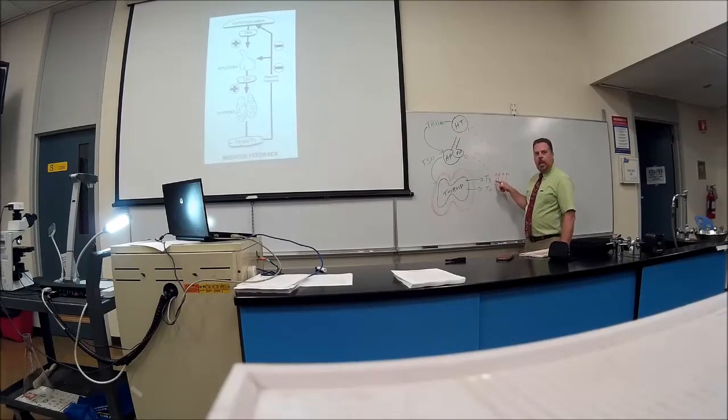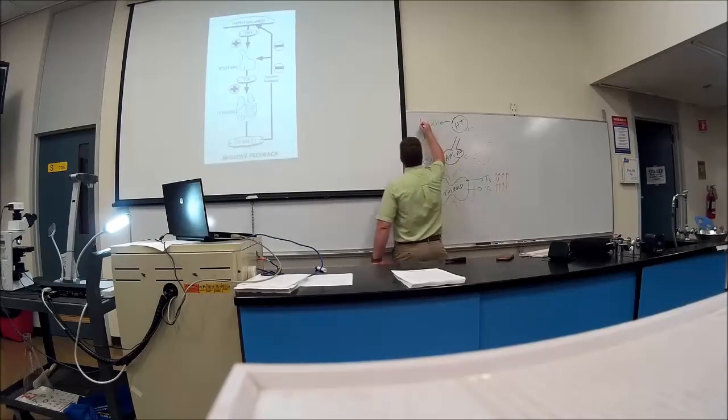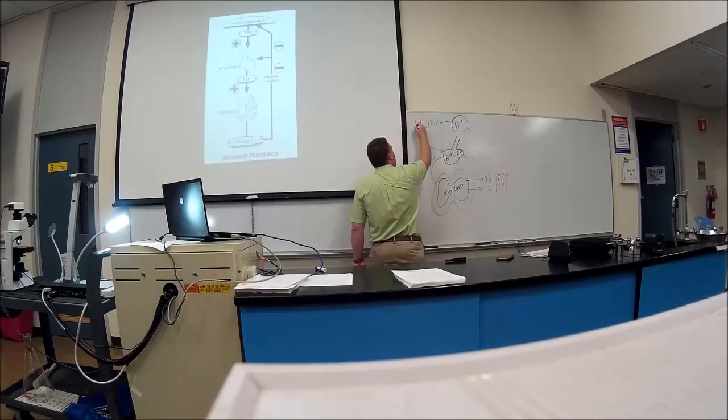So if this goes really high, because of the cancer in the thyroid, is it going to tell TRH to go down? Sure it will. Right? You don't care why this is going up. It's just going up. You have a lot of this coming out. It's going to tell TRH to decrease. It's going to tell TSH to decrease.